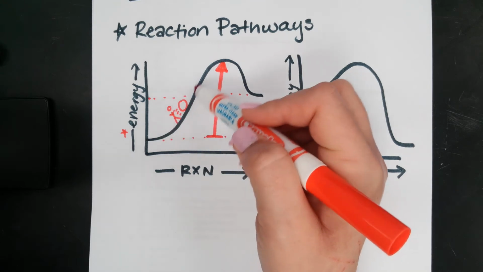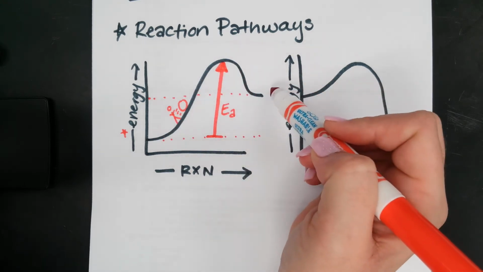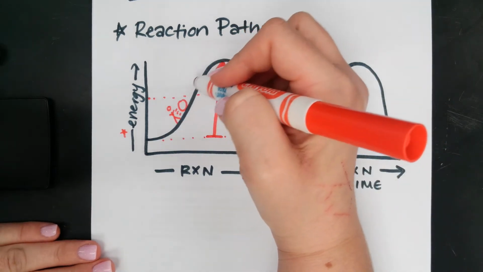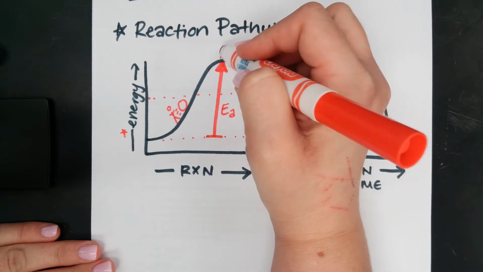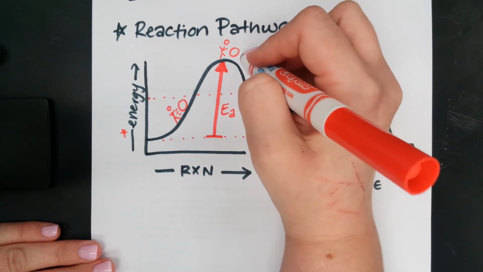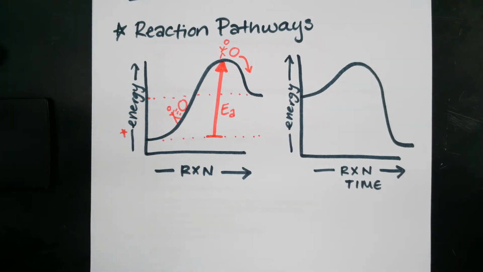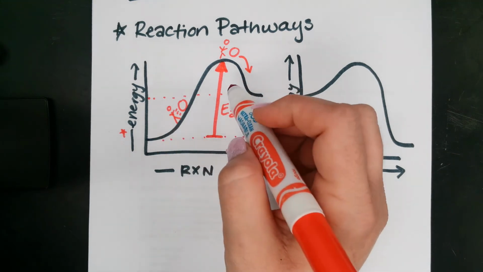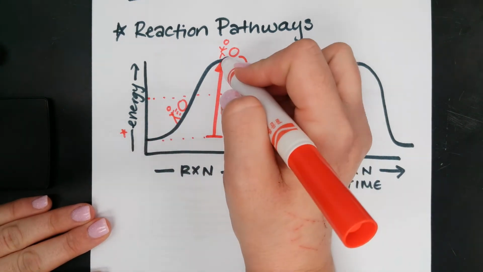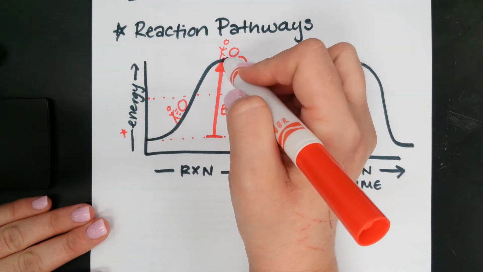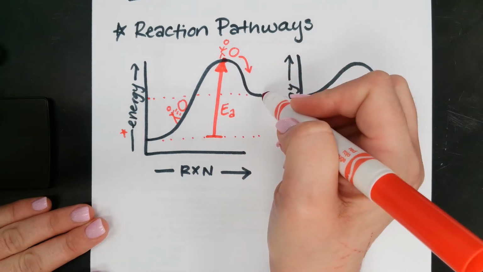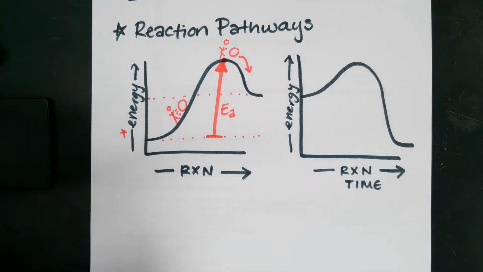You didn't push it high enough for it to fall to a proper place. But once you reach this point, you can let that boulder go, and it's going to naturally fall down. That's how gravity works. We've been experiencing it for quite a few years now. Our reactions are kind of the same. Once you hit that activation energy, it naturally goes the way it should. It naturally has that chemical reaction happening.